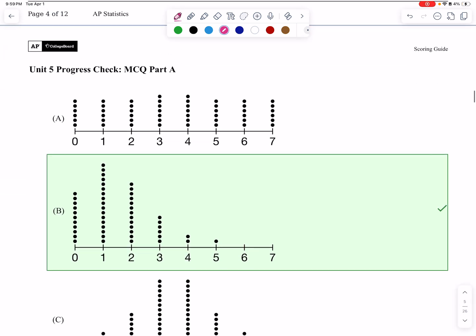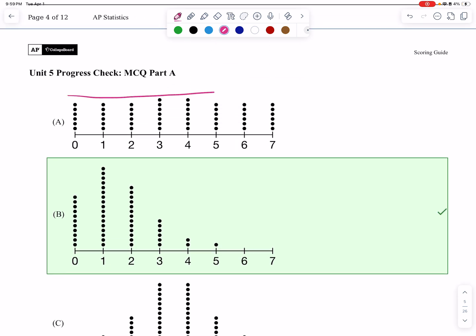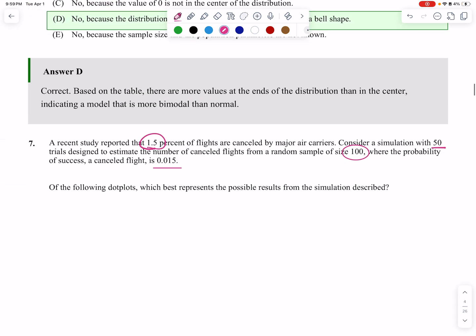Okay, so let's go ahead and look at this. Let's look at this one. This one's basically uniform, right? Where each one has the same probability. So let's see what's going on here. This is saying I have 50 trials to estimate the number of canceled flights from a random sample of 100.